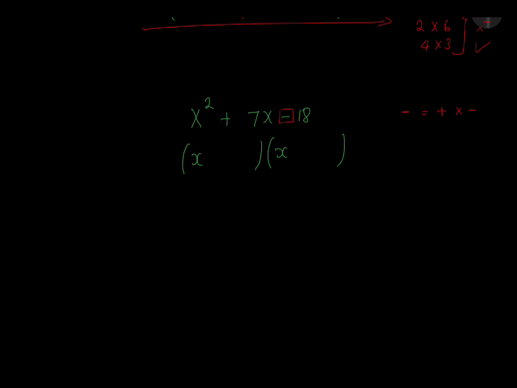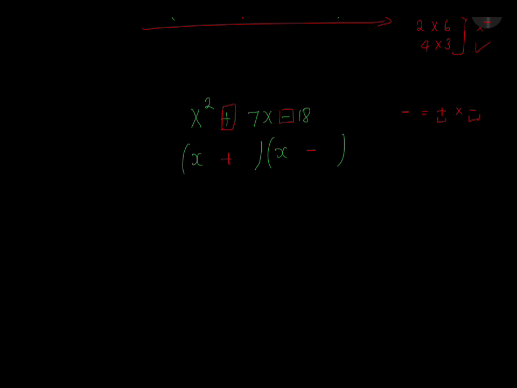So we're gonna have a positive and a negative sign. How do we put these positive and negative signs in our two brackets? Notice that here we have a positive sign, which means we're gonna put a positive sign here, and here we have a negative sign, which means we're gonna put a negative sign.